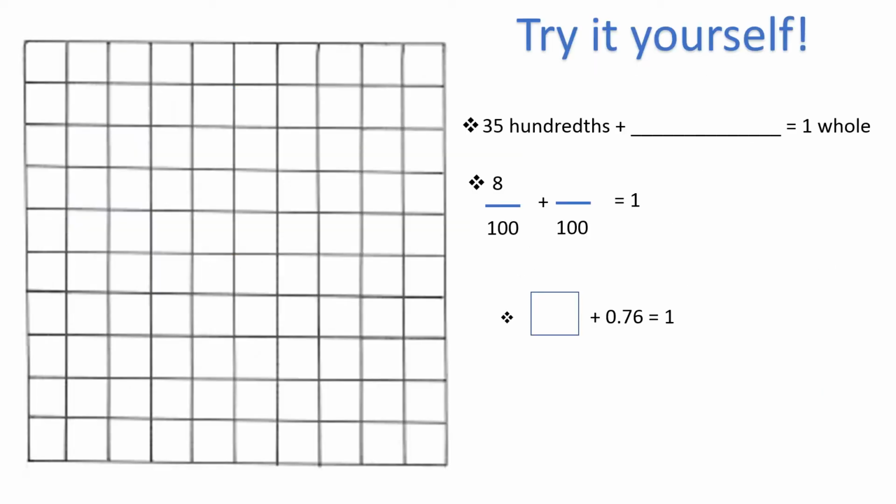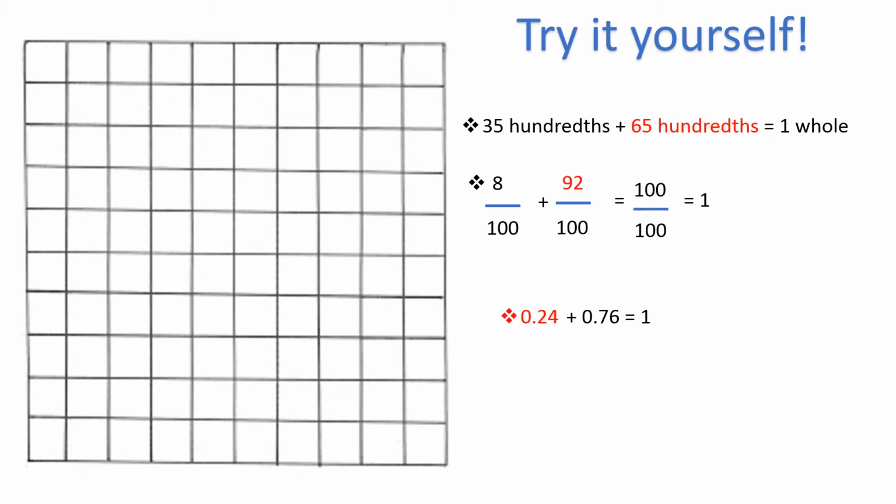Now I want you to pause this section and try this yourself. 35 hundredths plus what equals 1 whole? 8 hundredths plus something hundredths equals a whole, and something plus 0.76 equals a whole. Let's go through the answers now.